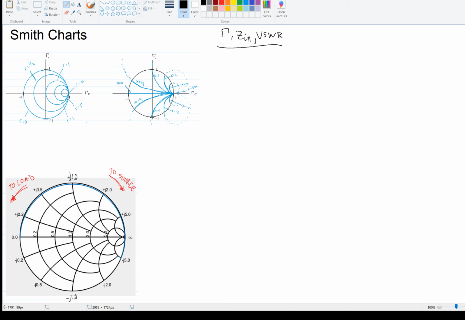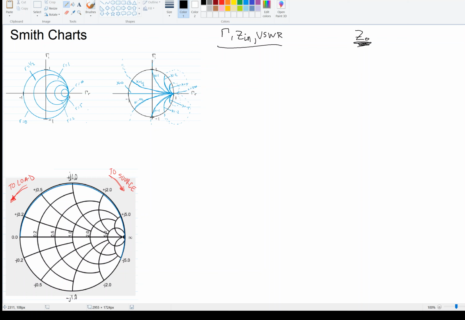Now, remember that the input impedance of the line is related to the characteristic impedance Z naught. And the idea is that we don't want to have a bunch of Smith charts for different Z0s.